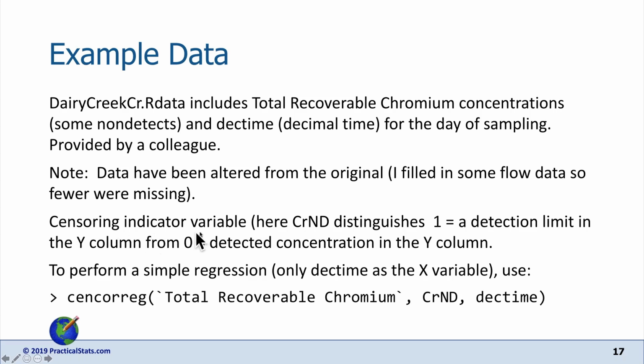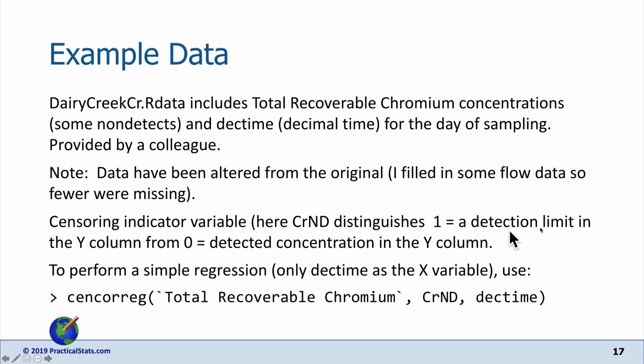So what you have are the concentrations. There's also an indicator variable. I've named it CRND, but if you've done any of this type of procedure before, you're familiar with this. This is one of two basic ways of storing data that are censored in a data set, and that's to have a second column that has an indicator. I use ones and zeros. One meaning a detection limit is back in the original Y concentration column.